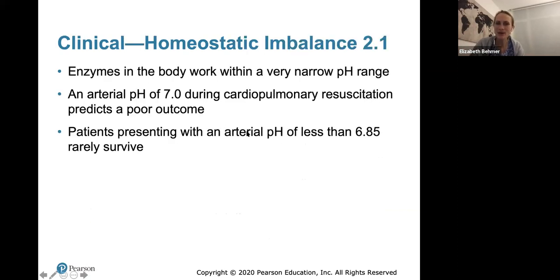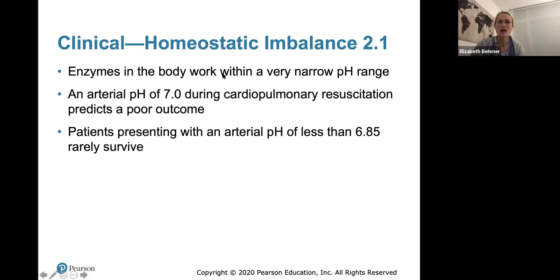An enzyme in the body will work within a very narrow pH range. An arterial pH of 7, so a neutral blood during cardiopulmonary resuscitation, could predict a poor outcome. Patients presenting with an arterial pH of less than 6.85 will rarely survive. This is just talking about how pH plays a role in the body. pH levels affect how enzymes work.